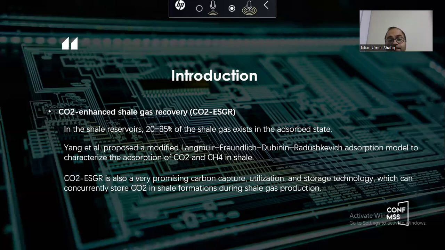CO2 ESGR is also a very promising carbon capture, utilization, and storage technology, which can concurrently store CO2 in shale gas formation and enhance shale gas production.